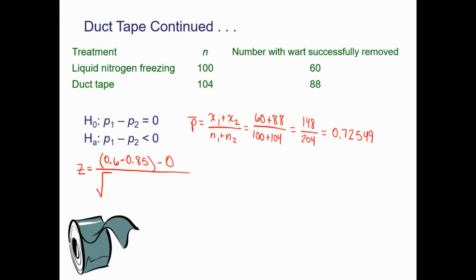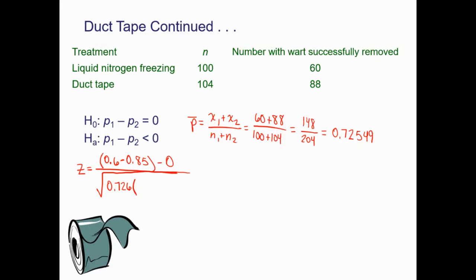Then we take the square root. I'm going to round this because I don't have much room here. I don't want this to drag on forever. So 0.726.